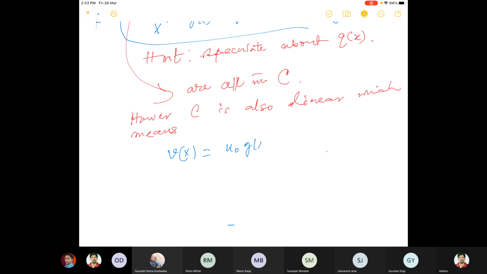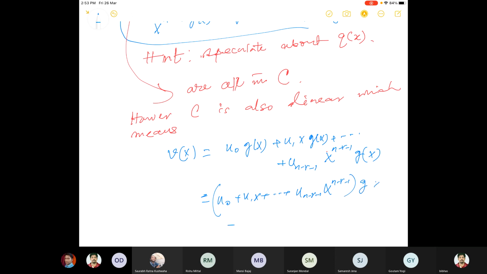Let's say u0 times g(x) plus u1 times x g(x) plus dot dot dot plus u n minus r minus 1 times x to the power n minus r minus 1 times g(x), which can be thought of as this polynomial: (u0 plus u1 x plus dot dot dot plus u n minus r minus 1 times x to the power n minus r minus 1) g(x).